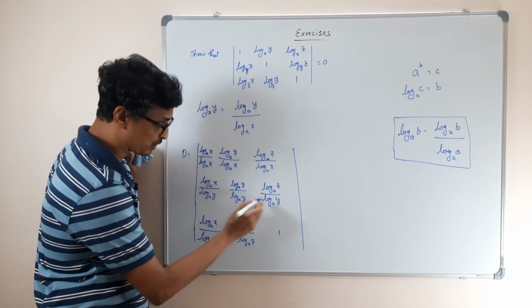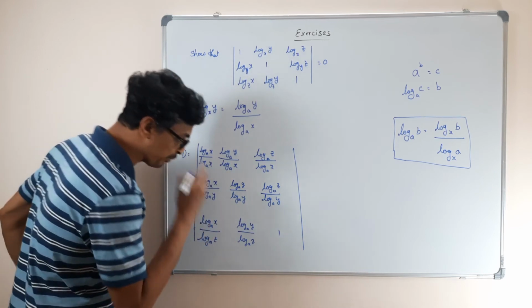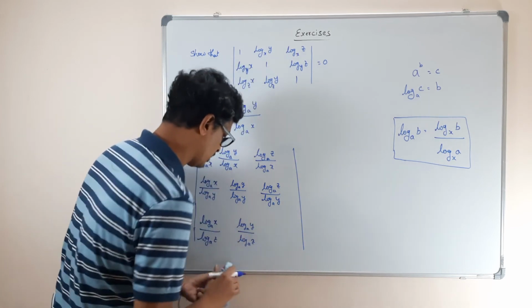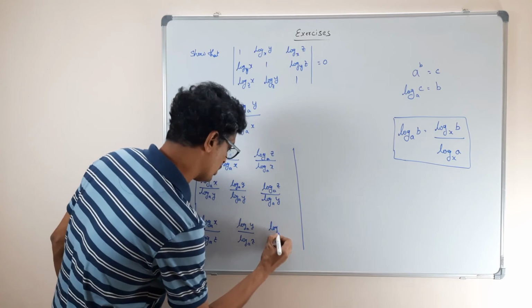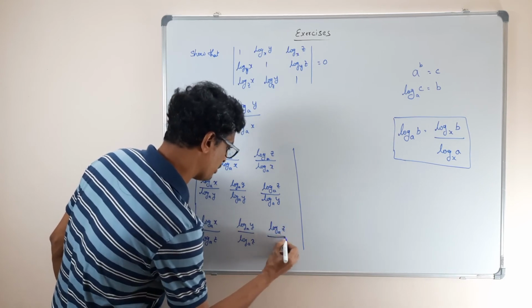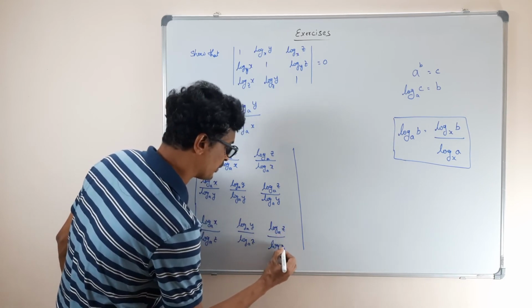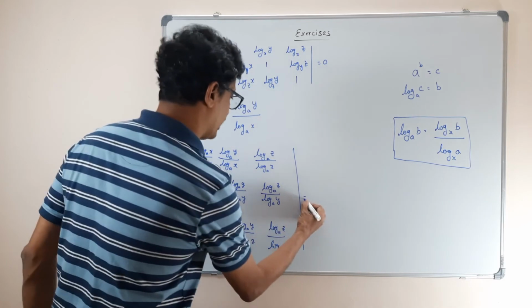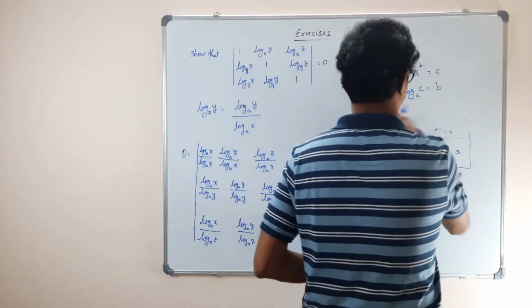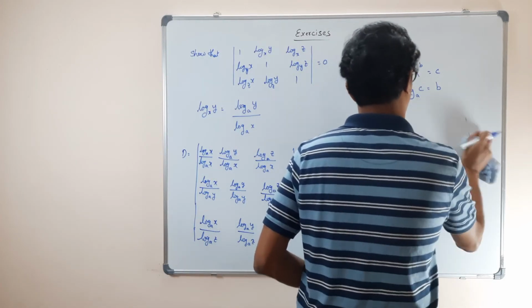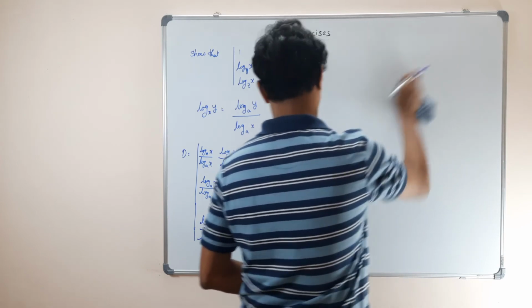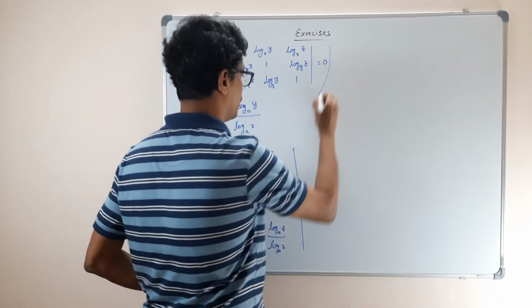Then I can take those things commonly outside. Am I right? So then here, log base a of z divided by log base a of z. So then we can take this commonly outside. So what can we do then?